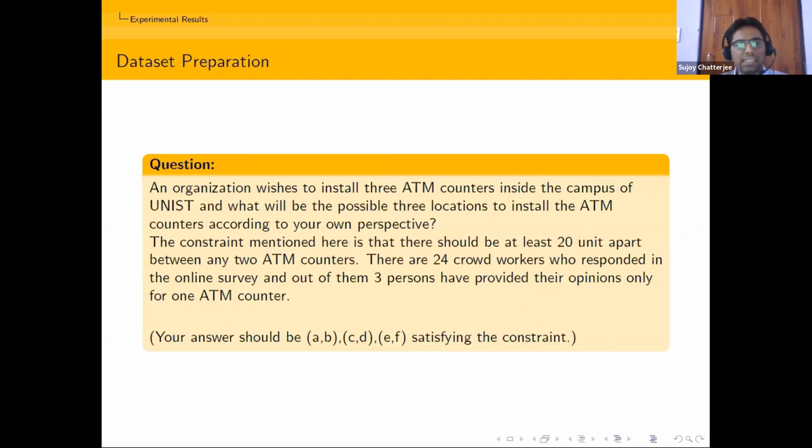Next is our data set preparation. I worked on this in my postdoc at UNIST, the Ulsan National Institute of Science and Technology in South Korea. There we gathered this data. We made a survey for three ATM counters.